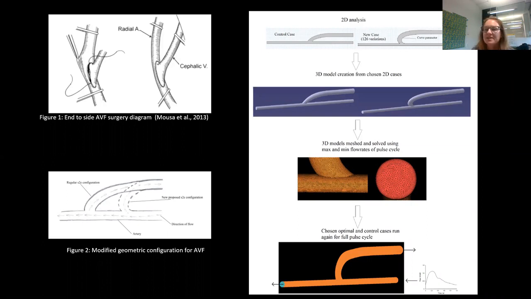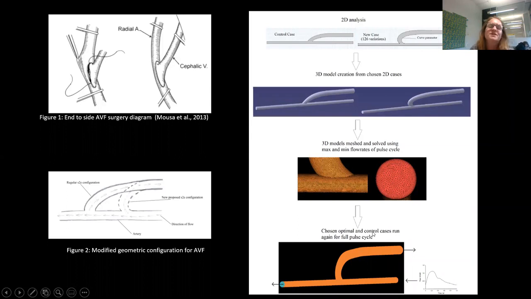We started with a 2D analysis, and we looked at optimizing from a two-dimensional shape what would create a smoother flow through this geometry. Once we'd made some better two-dimensional cases, we then ran these in 3 dimensions and came up with some much smoother geometries.